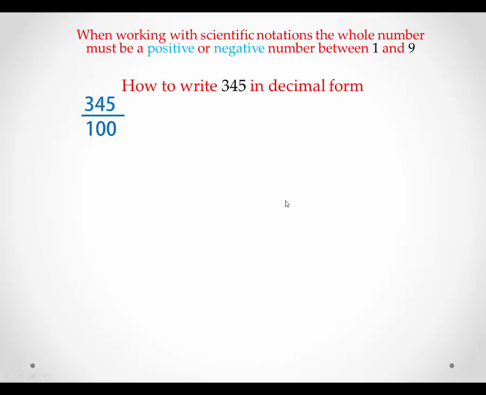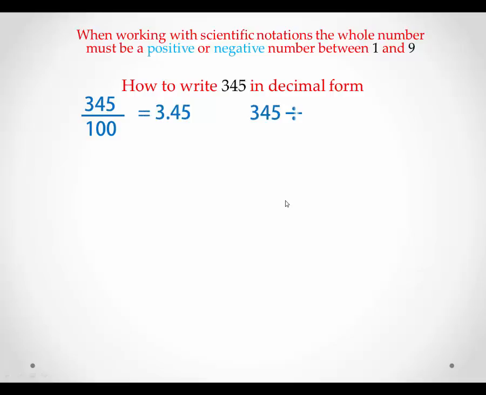When working with scientific notation, the whole number must be a positive or negative number between 1 and 9. How to write 345 in decimal format? This can be done by dividing 345 by 100, and this will equal 3.45.